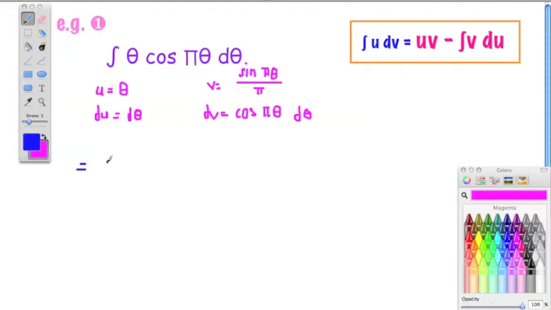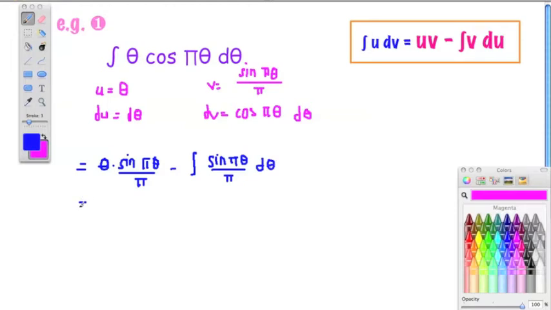So we will get theta times sin pi theta over pi, minus the integral of sin pi theta over pi, times d theta.